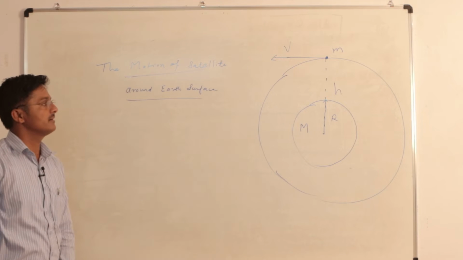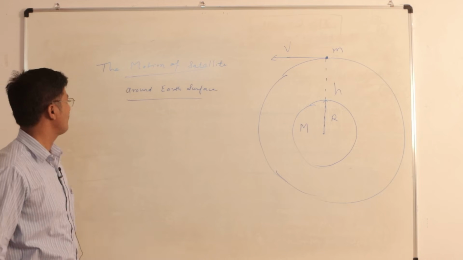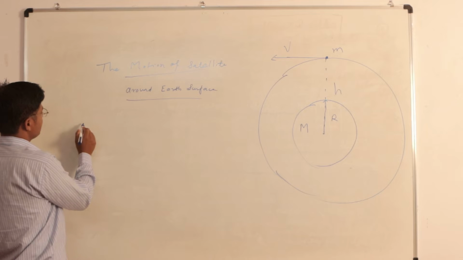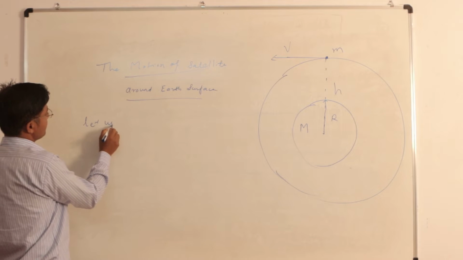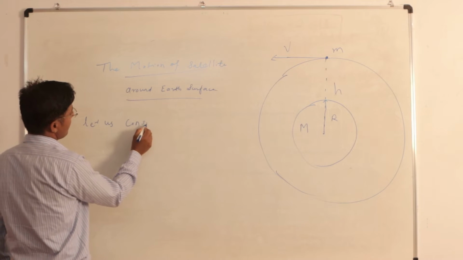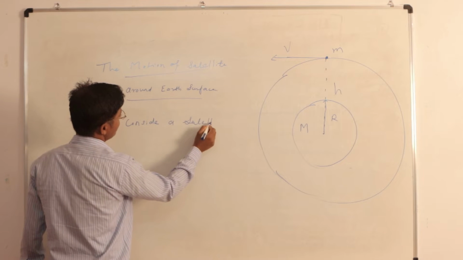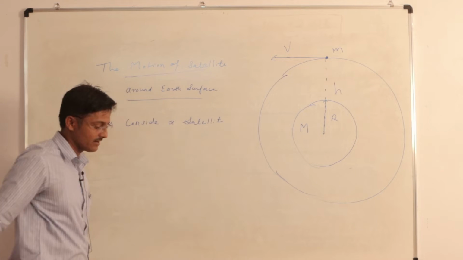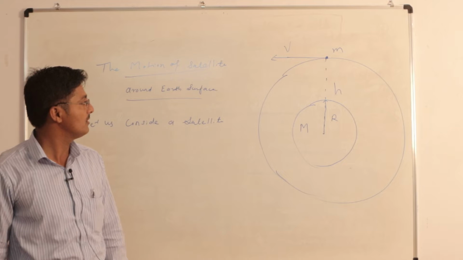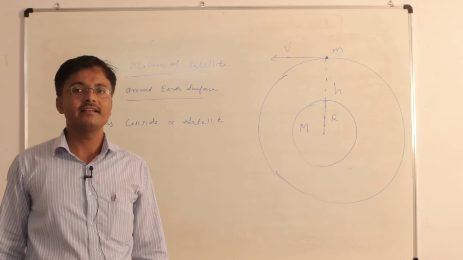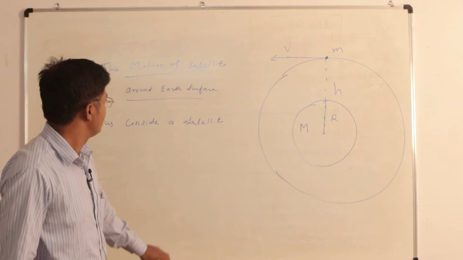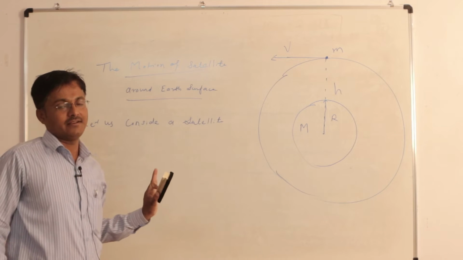We have considered the initial parameters. Let us consider a satellite. Now this is an artificial satellite. Our moon is the natural satellite. Everybody knows that our moon is a natural satellite. So we are considering the artificial satellite here.